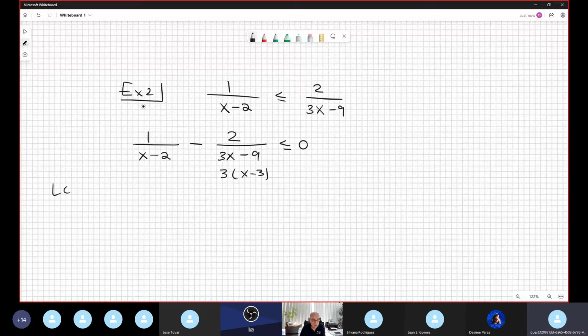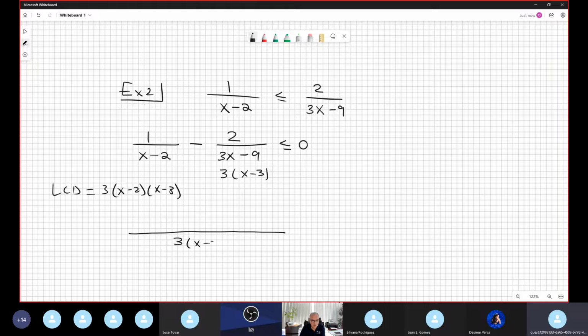The least common denominator that helps me condense this is 3 times x minus 2 times x minus 3. I take everything, put a long line, and put the least common denominator here. Don't forget, less than or equal to 0. And now let's find the top part. The top part is easy.